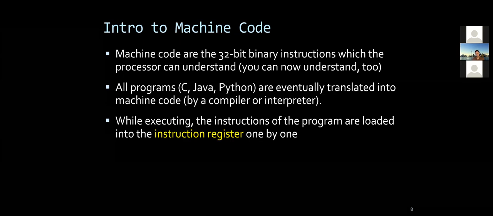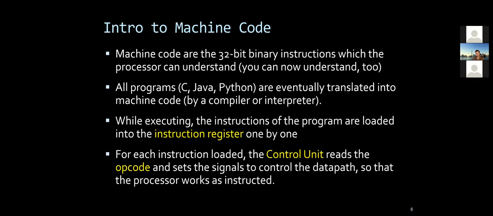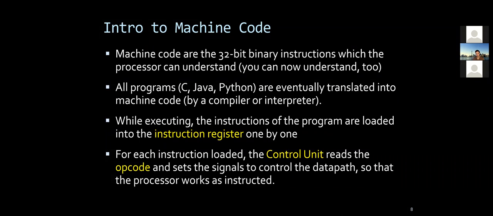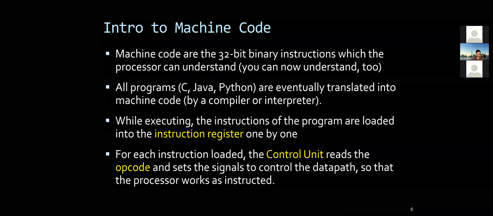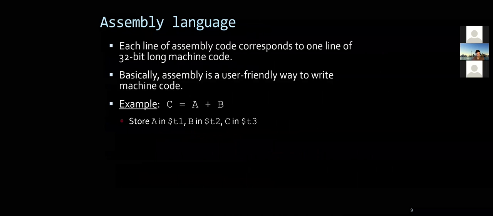Is it I type or R type or J type, and what to do with it. For each instruction loaded, the control unit reads the opcode and sets the signals to control the data path so that the processor works as instructed. And we learned the control of the data path at a very low level in the previous class.